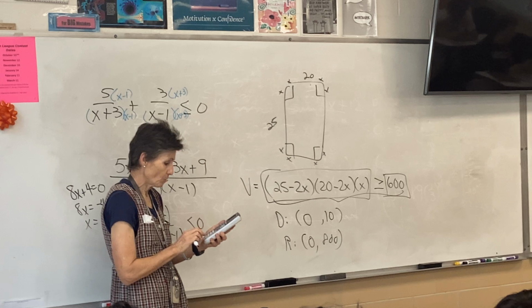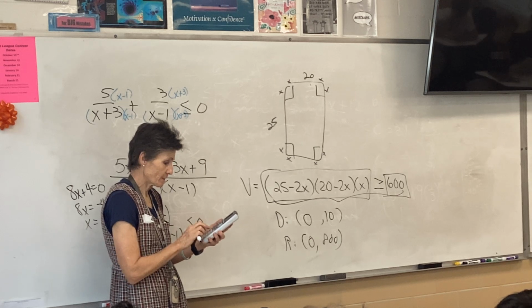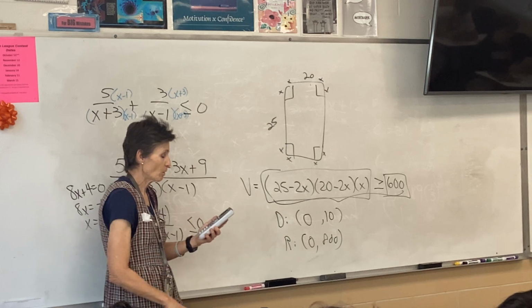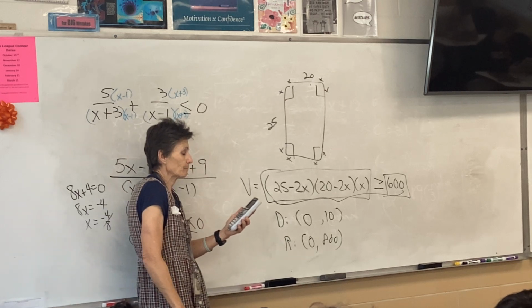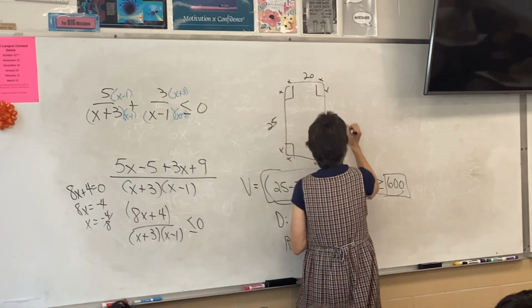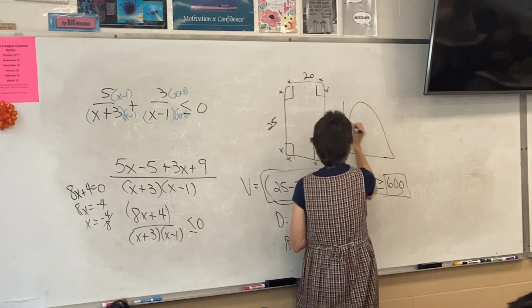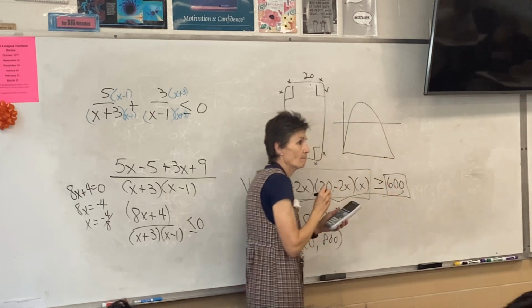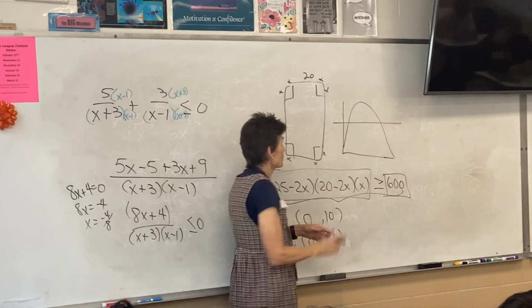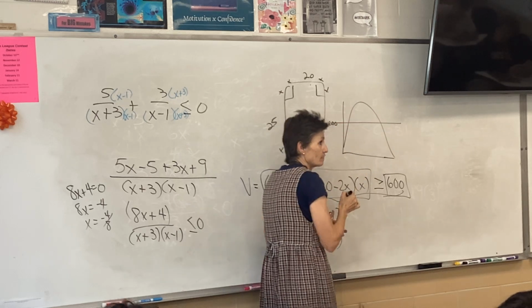Make sure you're setting your window the way I told you. You won't have any issues, I promise. It'll be perfect. Did you see kind of a hill thing and then a line across there? Yep. So this is your volume equation and this is 600.